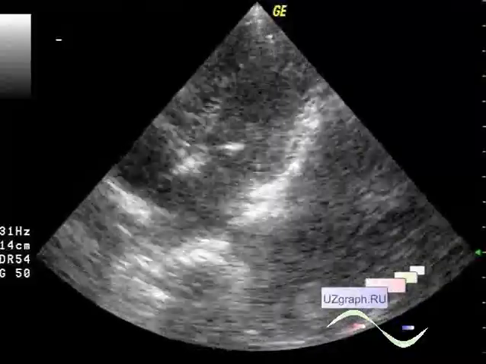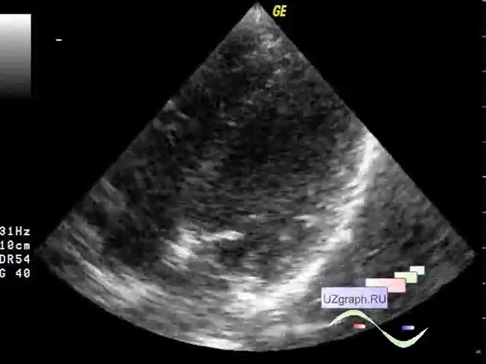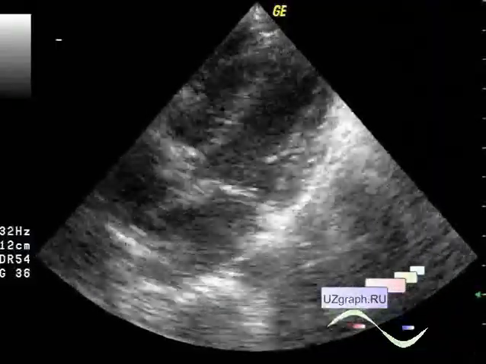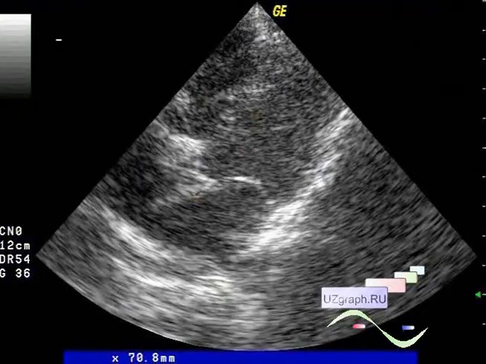It's a 4-chamber or 5-chamber view. The fifth chamber is a view of the aorta. Right now we see the measurement of the left and right atria and the right ventricle.